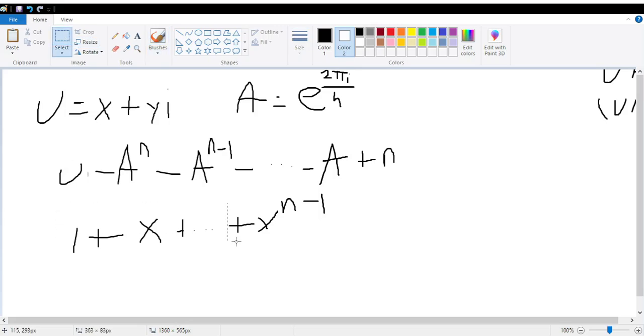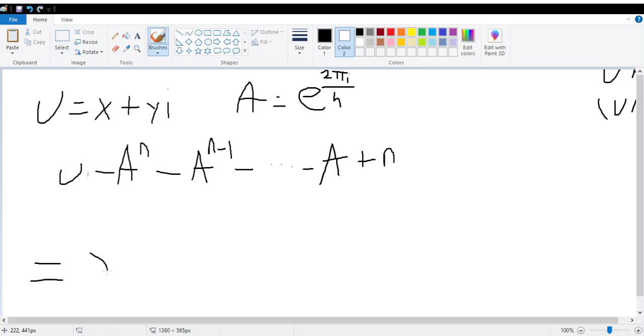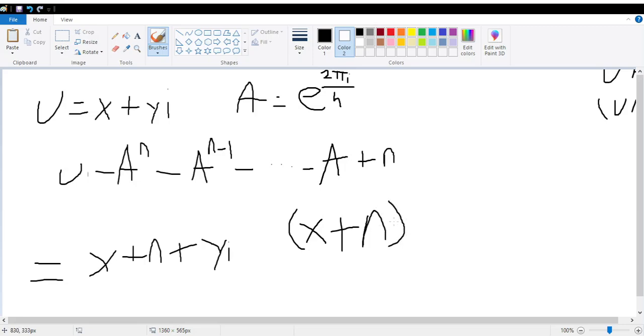So then our whole expression is simply u plus n, or in other words, it equals x plus n plus yi, which means that our transformation was just shifting the original point along the x-axis by n to the right, so (x plus n, y).